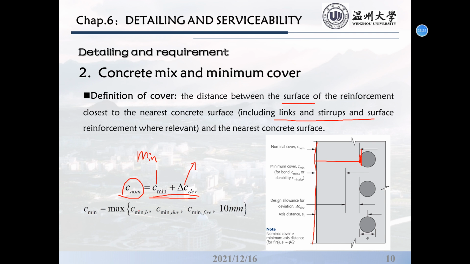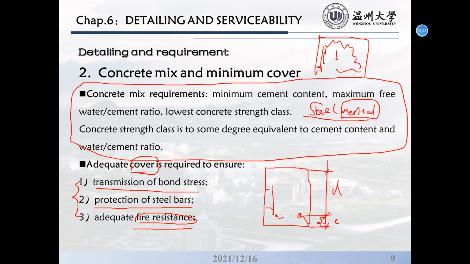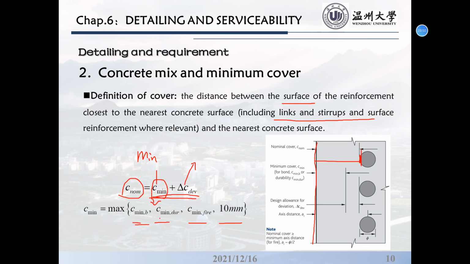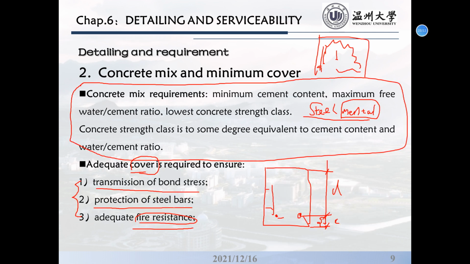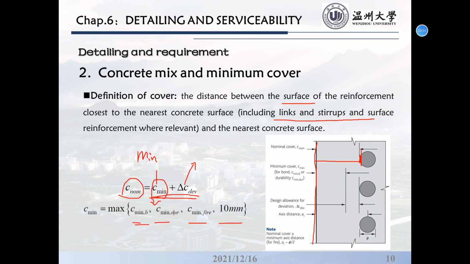The minimum cover is what we need to give during the design. So three things will affect it: first, the bond, transferring bond; next, the protection, preventing corrosion of the steel bar, and fire resistance; and another is the minimum values for structure design.